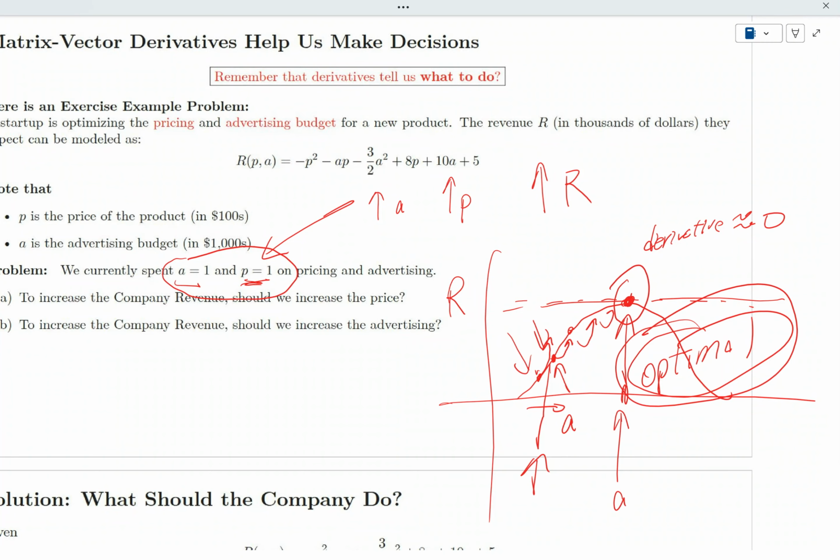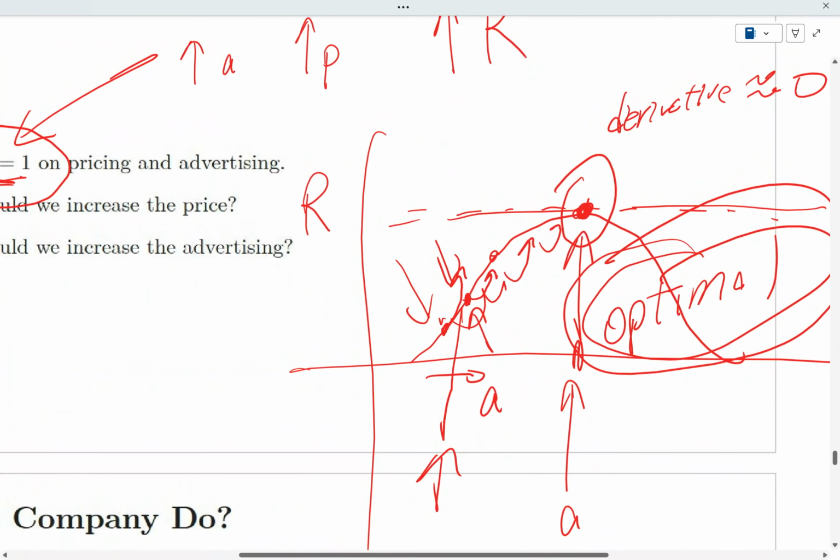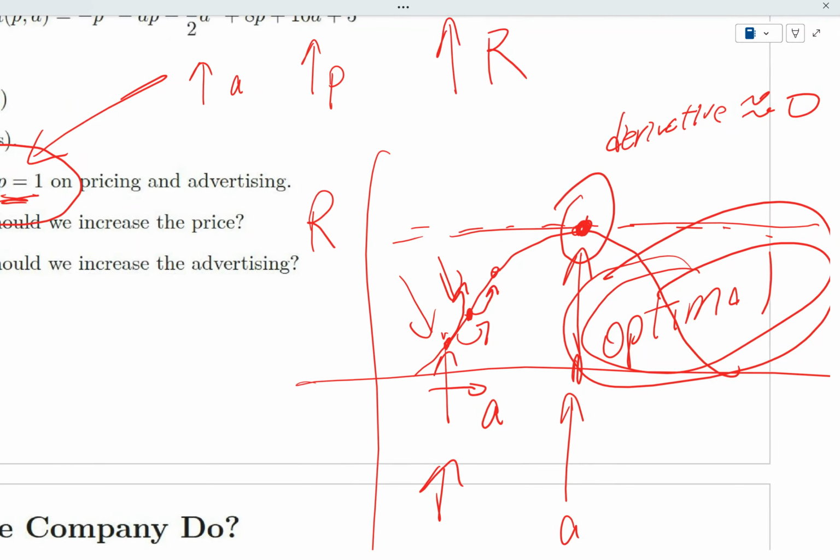Obviously this could take a long time, so you don't want to do this by hand. You need to write a program that would start at some location and find a derivative. If it makes sense for you to increase advertisement, you will increase advertisement.